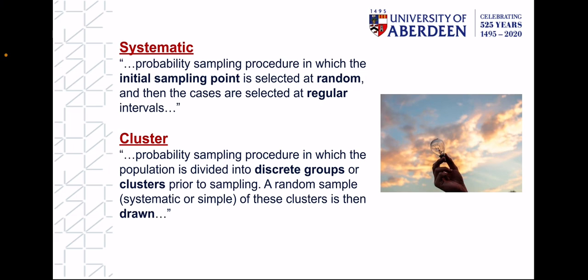The other type of probability sampling technique is what we call cluster sampling. Cluster sampling is a probability sampling technique where researchers divide the population into multiple groups called clusters.